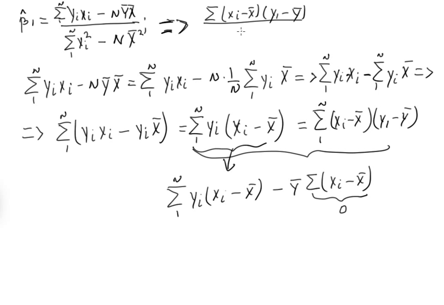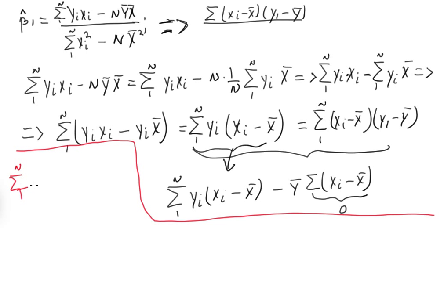Now let's simplify the denominator and see what we get here. Okay, let me write this in a slightly different color, maybe red, so that we know what we are doing. This is for the denominator. Now the denominator is basically, I'll rewrite this again to keep track of what we are doing, the sum of xi squared minus n x bar squared. Now what is this equal to?